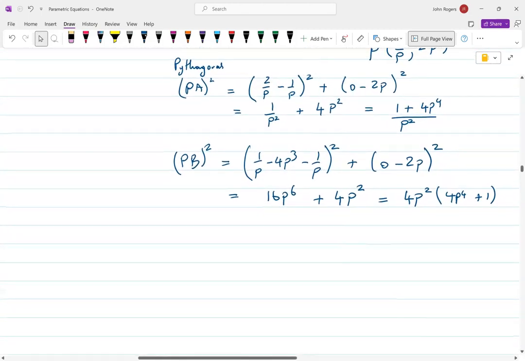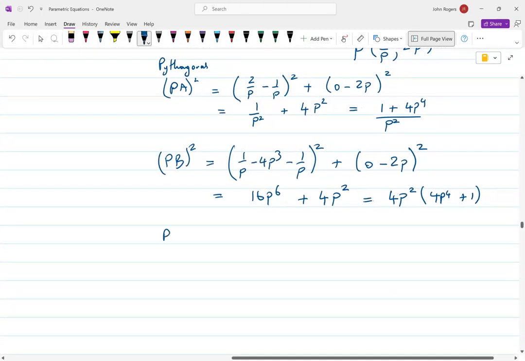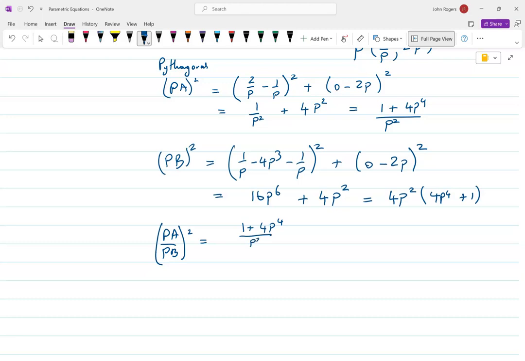So let's do that. PA over PB squared, just to consider the square of them first of all, is 1 plus 4p to the 4 over p squared, divided by 4p squared times 4p to the 4 plus 1.